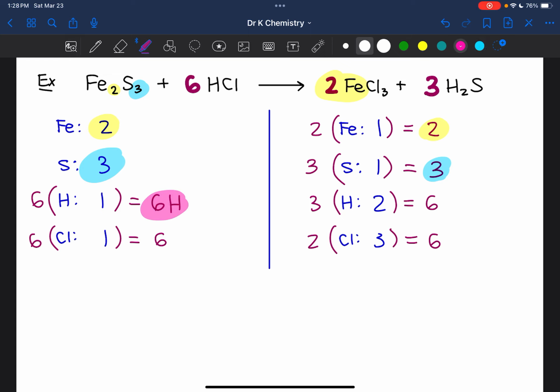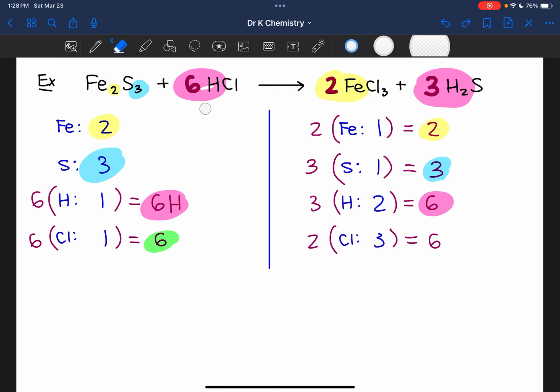Then we have 6 hydrogens on the left, 6 hydrogens on the right, and 6 chlorides on the left, and that's coming from the coefficient here. So we're getting 6 times 1, 6 chlorides, and 6 chlorides on the right, which comes from the 2 in the coefficient times the 3 in the subscript. This now checks out, and that is our balanced chemical equation.